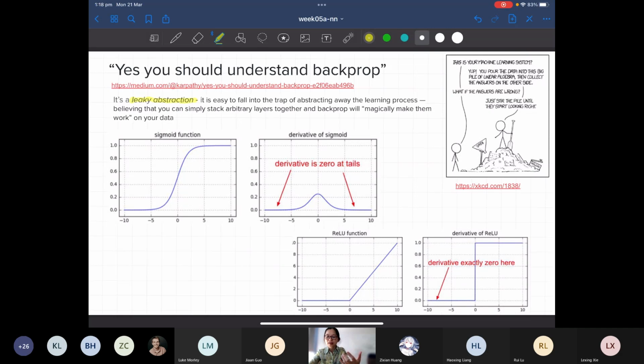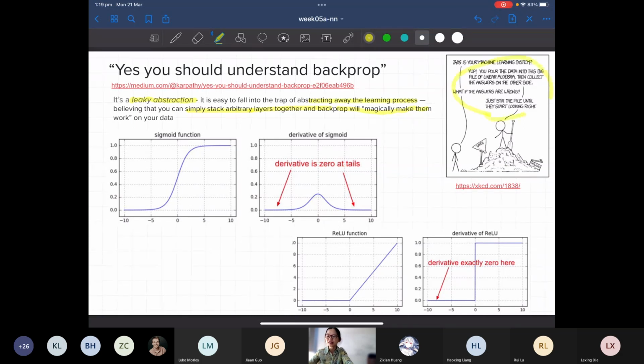If we abstract away the learning process, and believe that I can simply stack arbitrary layers together and backprop will magically work, that's not happening. This is one of the more popular XKCD comics about neural nets, but we should have a refreshed understanding of what's really behind this.